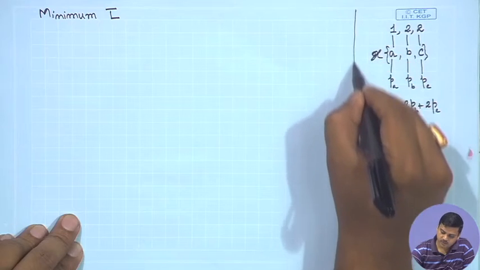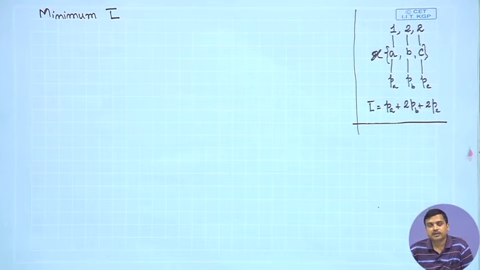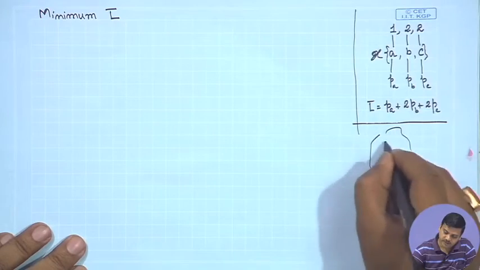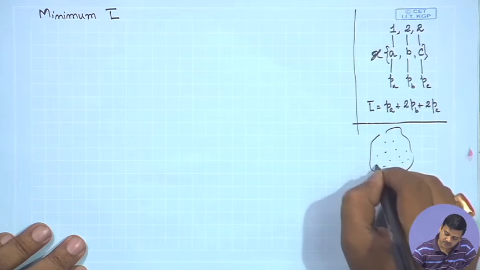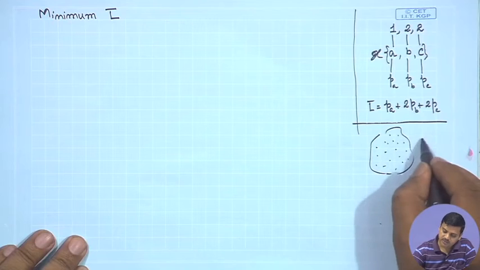So, we are talking about the average. Now, the question that one can ask is, if you assign a particular source a set of code words, or code word lengths, what is the minimum of all possible averages? Why do we have this question? Because I may have a source which has a large number of symbols in it, and these symbols are assigned to certain lengths.